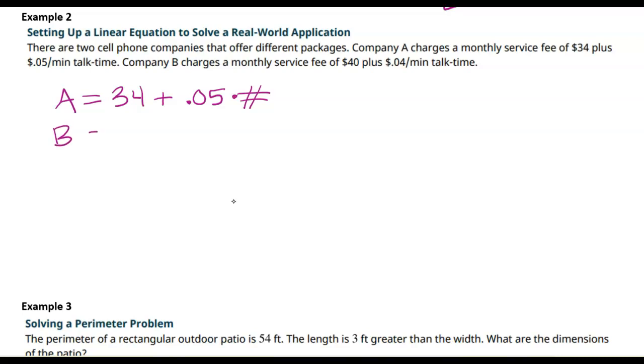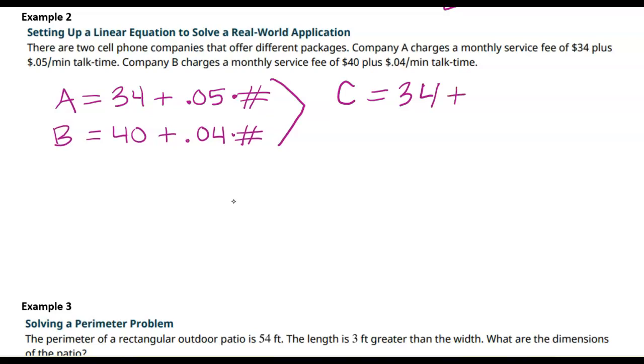Company B charges 40 and then 4 cents for every minute that you talk. Again, let's put this in variables, or maybe we call it C for charge instead of x's and y's. And let's call this T for time.